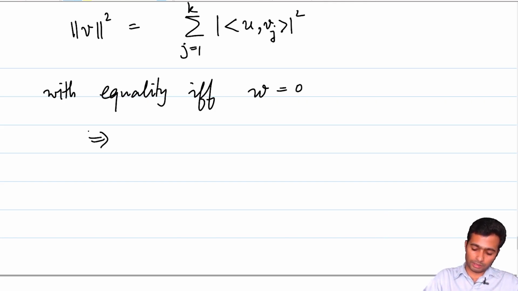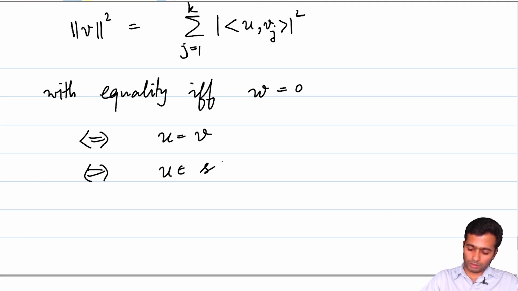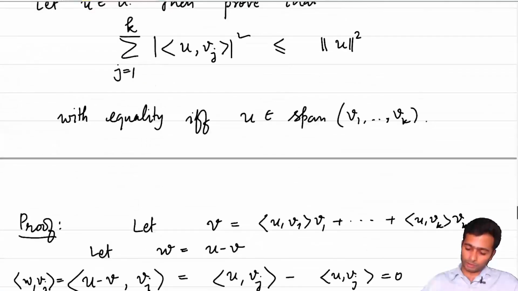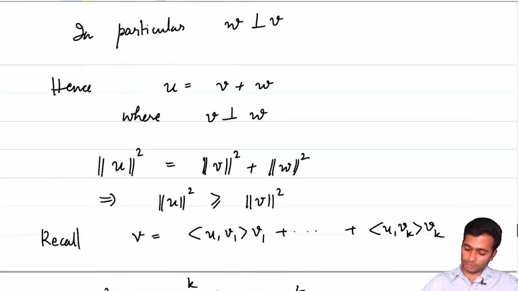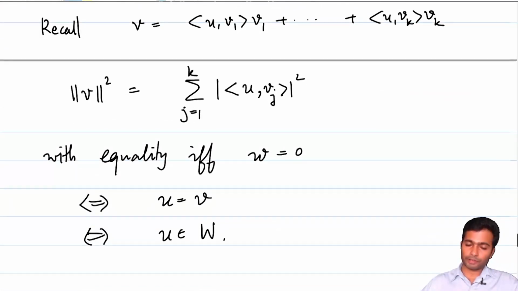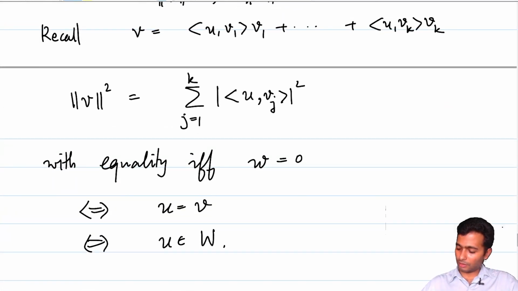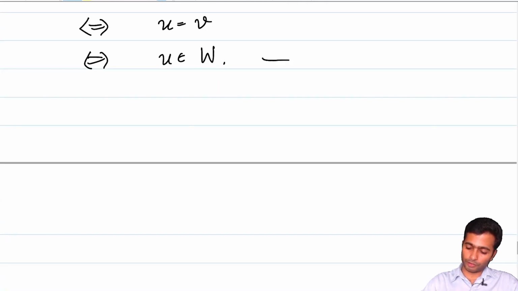That means that this is if and only if u is equal to v, which is if and only if u belongs to W. Alright, so we had set out to prove this inequality, and the equality is something which we just observe as following when w is equal to 0. And with that, we have completed the proof of Bessel's inequality. Alright, so let me stop here.